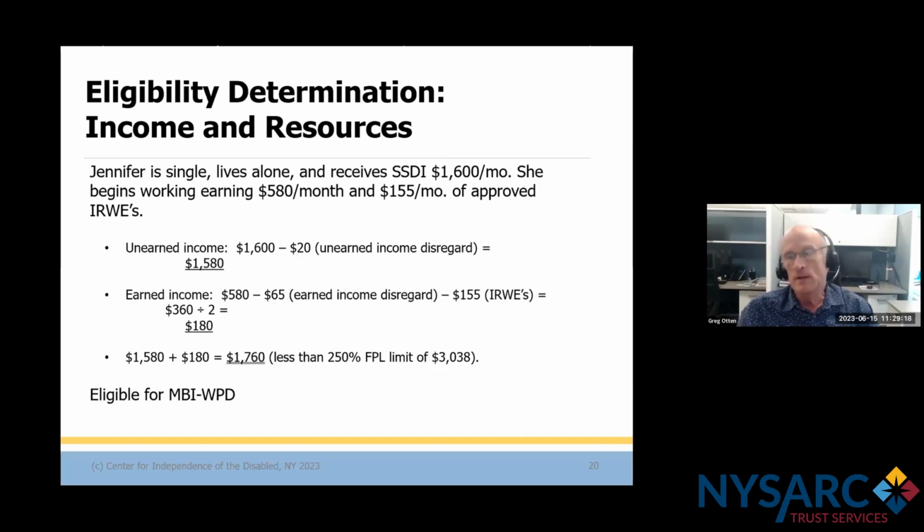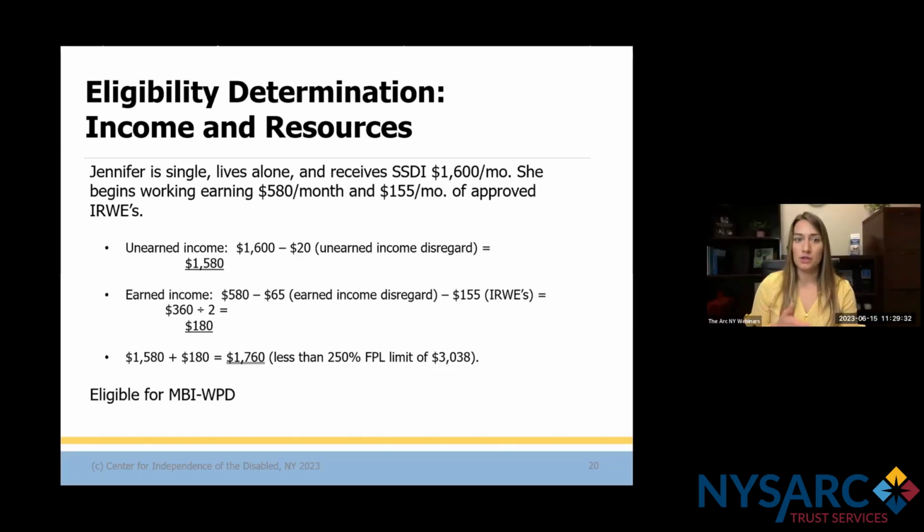So you can see, if I had this to do over, I'd use a higher SSD to show how much more somebody can earn or work and get MBI. But this shows you the math. And this is where someone who was just on basic Medicaid or community Medicaid would be slightly over that income limit and possibly need a spend down, whereas because of the Medicaid buy-in eligibility, they're now not needing to spend down.